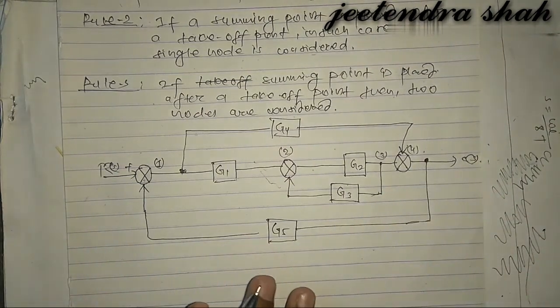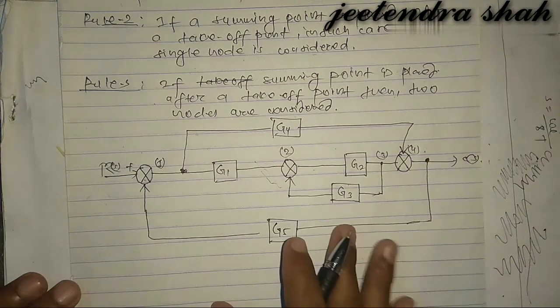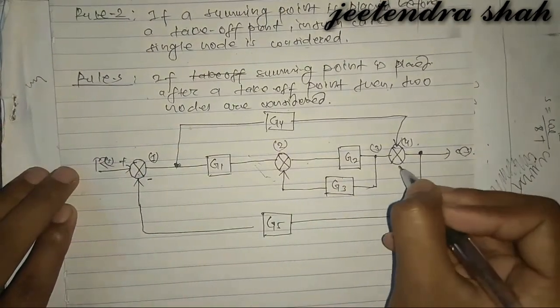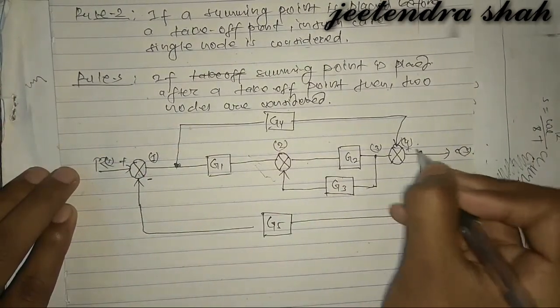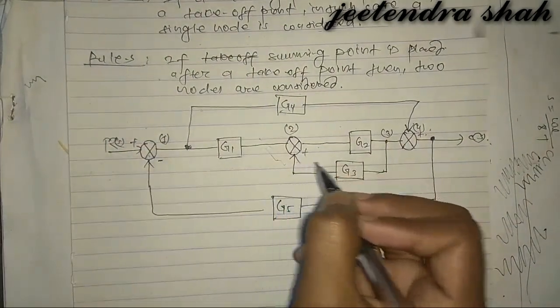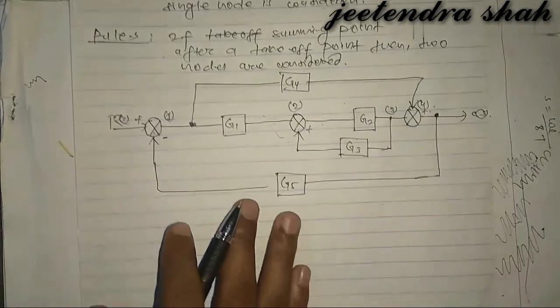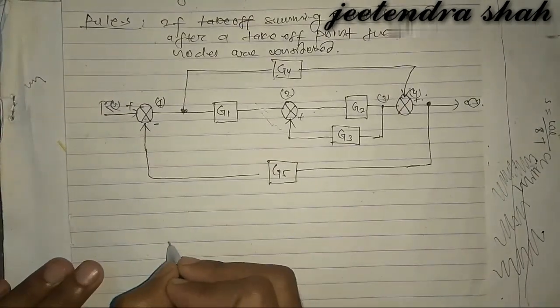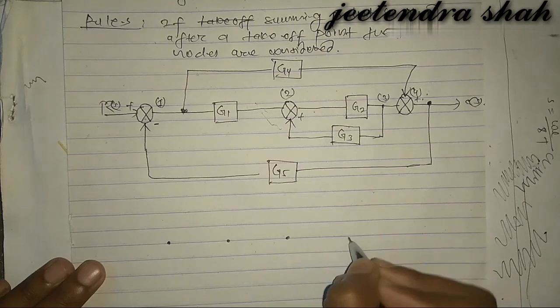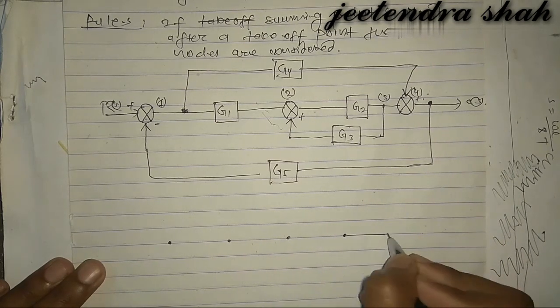Altogether we will have four nodes here. And here we have the negative feedback, and here we will have positive. So altogether we have four nodes: 1, 2, 3 and the fourth node.